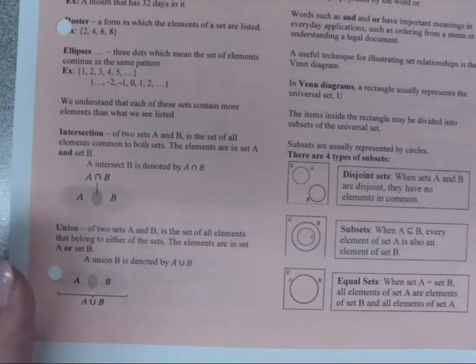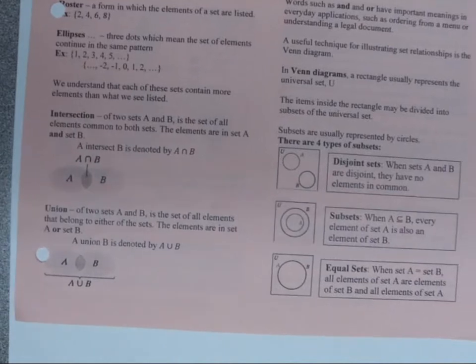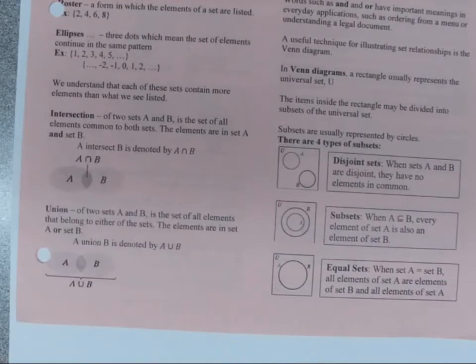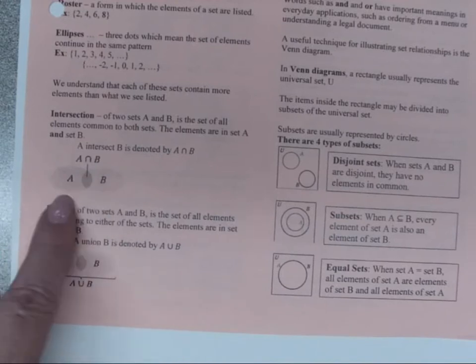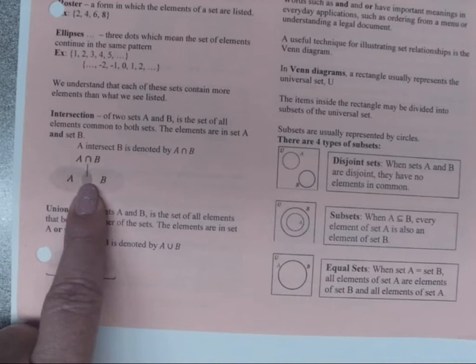Now we're going to talk about some sets that are intersections and unions. So the intersection of 2 sets, A and B, is the set of all elements common to both sets. So the elements are in set A and set B. Right here in the middle between the 2 circles, this is set A, this is set B. Where they overlap, that is the intersection.